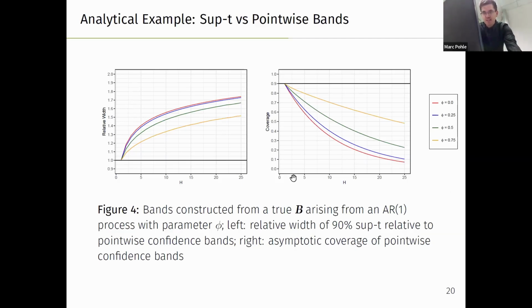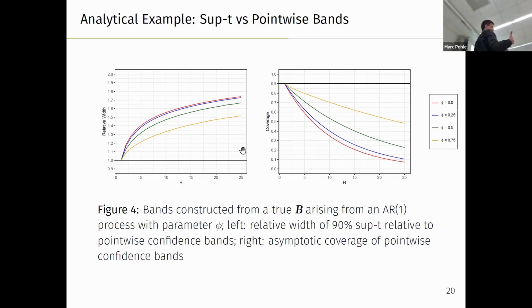So rising temporal dependence. The left plot is a comparison of the sup-t versus pointwise bands, the width of those bands. You can see under independence, and this is the maximum lag that we plot, it goes up to 25. So for 25, under independence, the sup-t band is roughly 1.75 times as wide as the pointwise band.